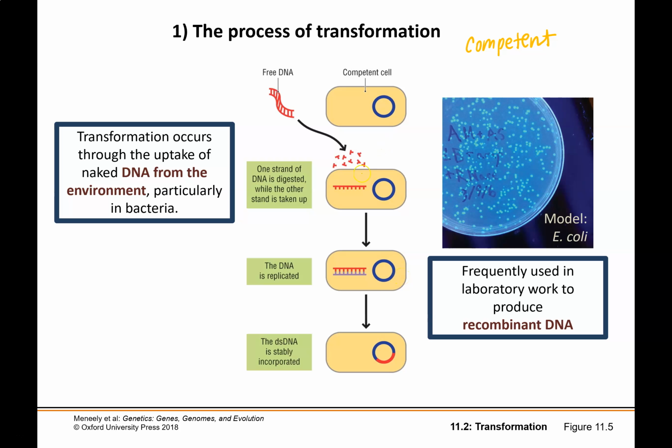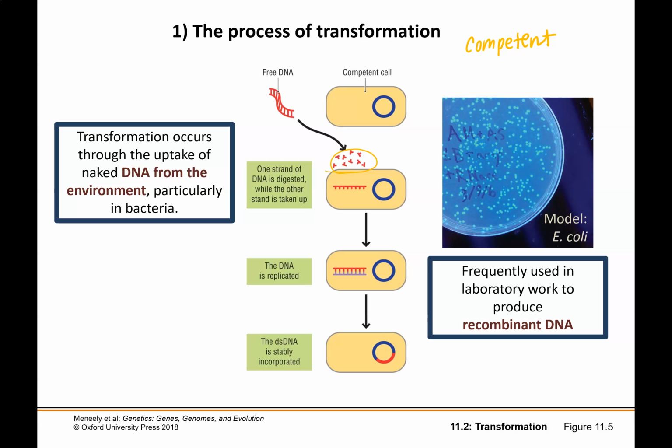So one single strand is going to be taken up. And as the piece of DNA is taken up, the other strand is actually degraded and not taken into the cell. So only one strand is actually taken up into the cell. Now, cells do not very readily take up DNA. And in fact, very few cells can actually be made to be competent.